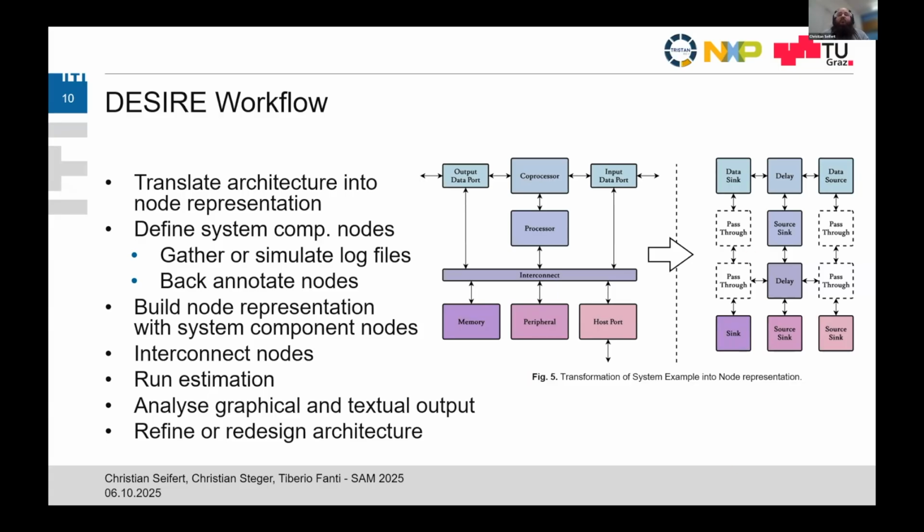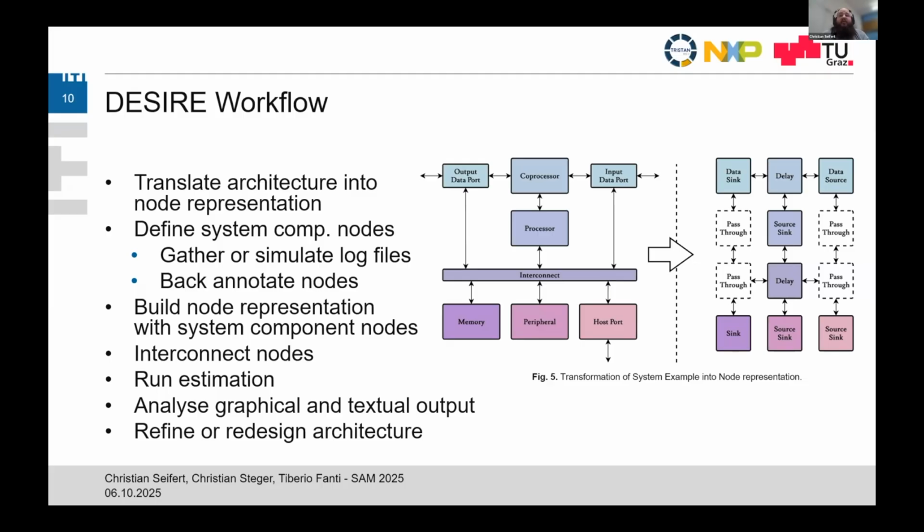Then we start off with defining the components which are necessary for the estimation. In the best case, there is already a previous version of the architecture which can be used to gather log data. This log data is then used in order to back-annotate system components. The more annotated system components there are, the closer the estimation will be to a real system.